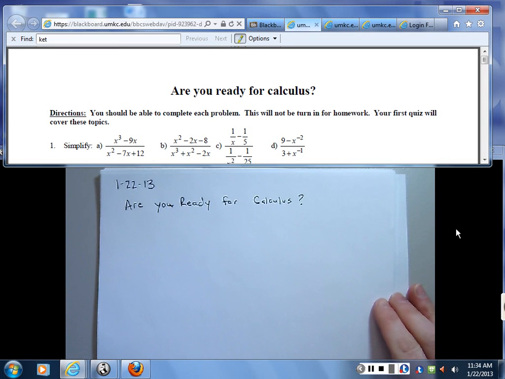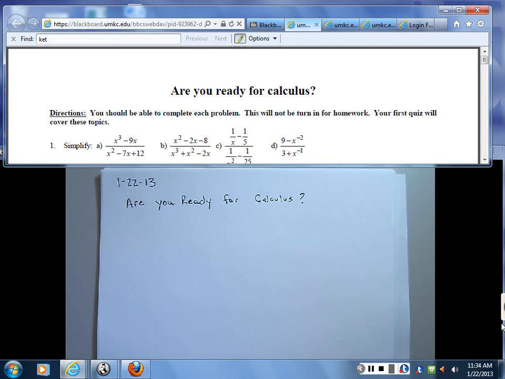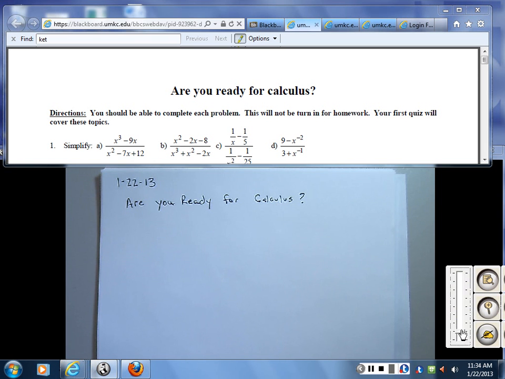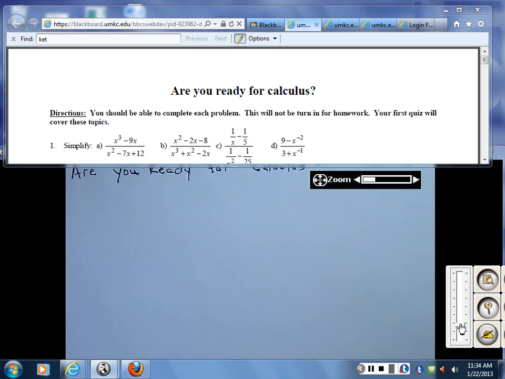Does it need to be a little bigger? I can zoom in. It might be beneficial.